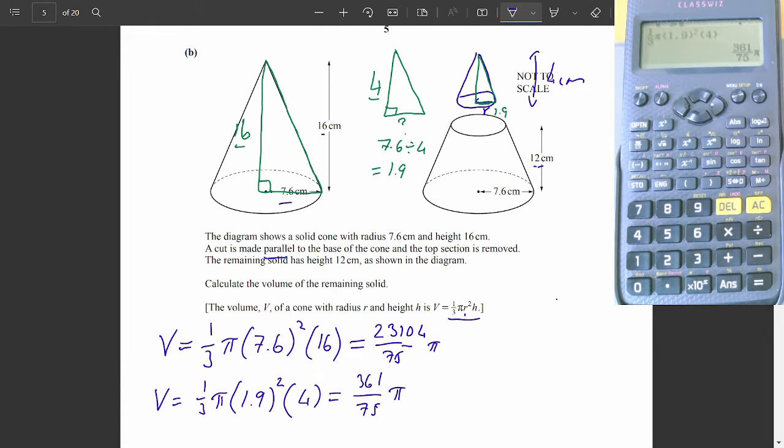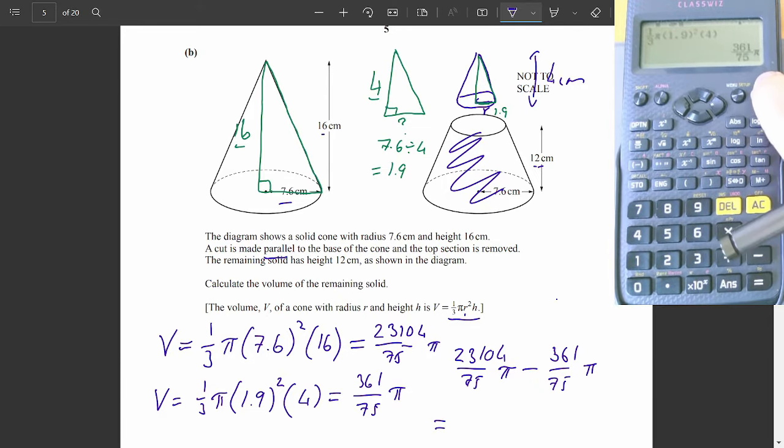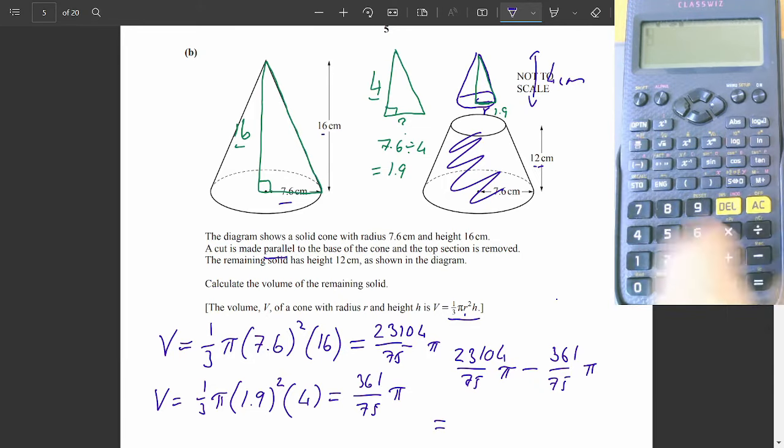Okay, so last step to do now, we subtract the one from the other, and that'll give us the volume of the remaining solid. So let's write that down. 2310/75 pi minus 361/75 pi. Let's see what that gives us. Okay, so 23104 over 75 pi.